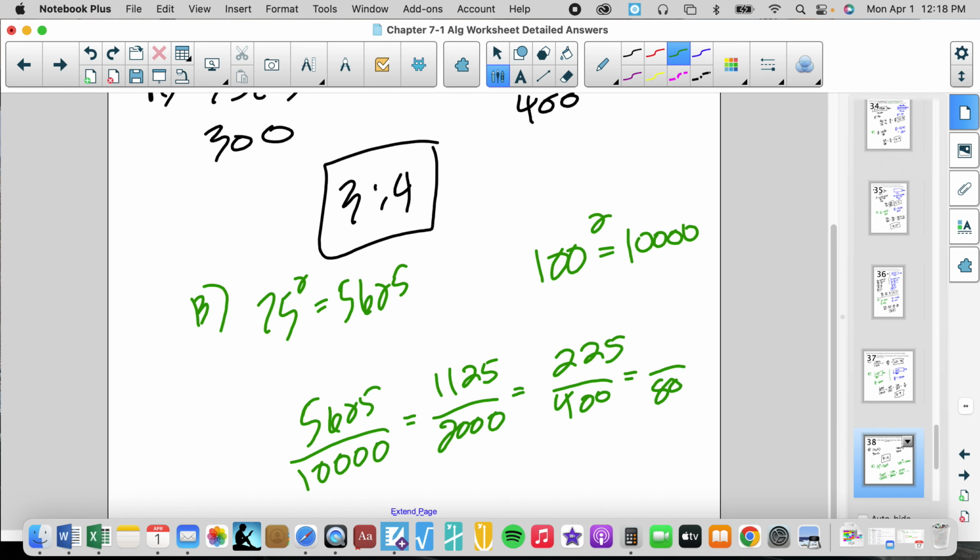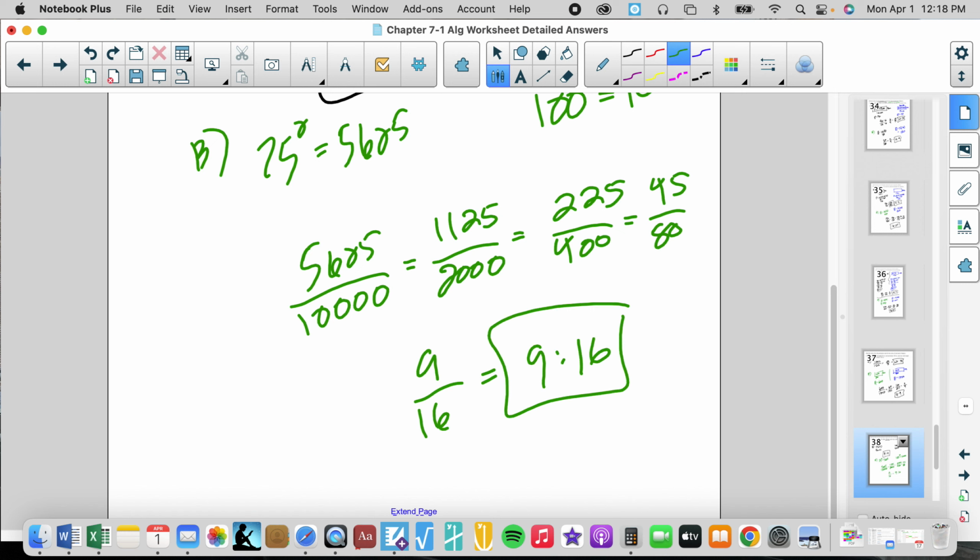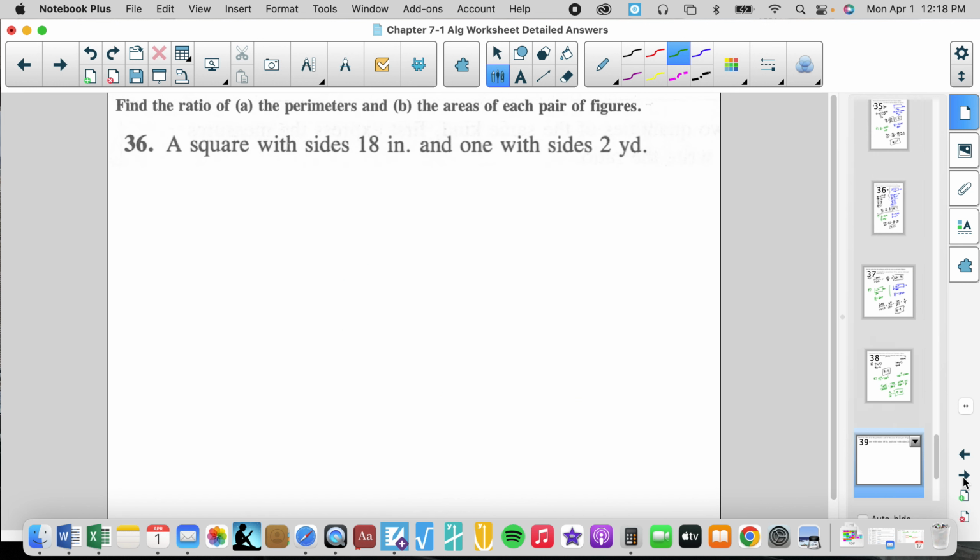That's 80. And 5 is going to be 45. And by 5 is going to be 9 over 16. 9 to 16. If this is right, so much mental math. 9 to 16. Let's go. I got lucky. I did a lot of the work in my head, but I'm pretty good with numbers because I work with them all the time.